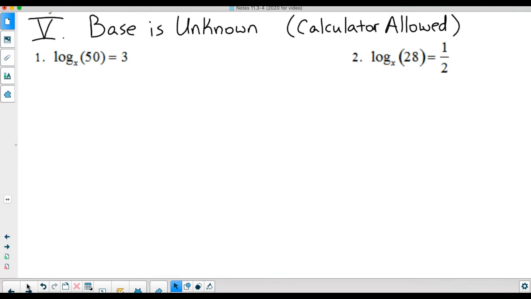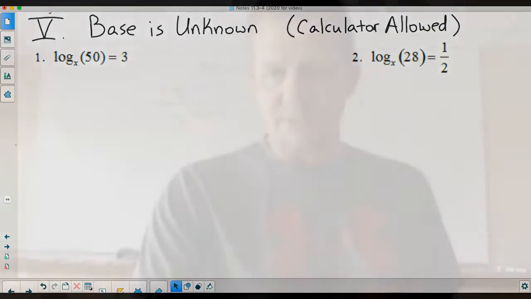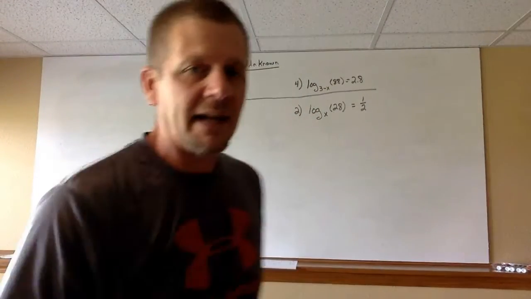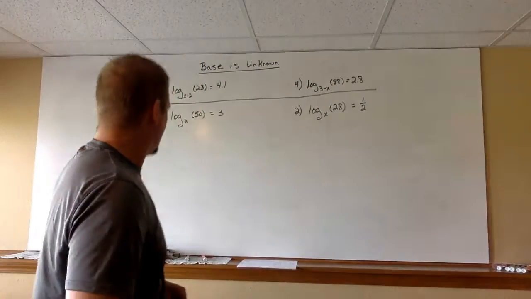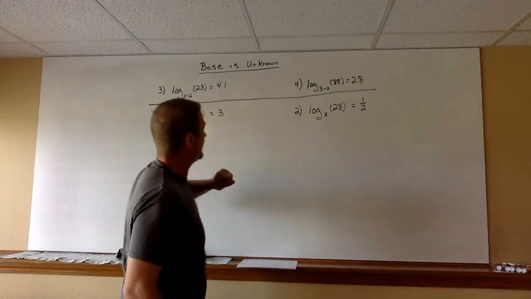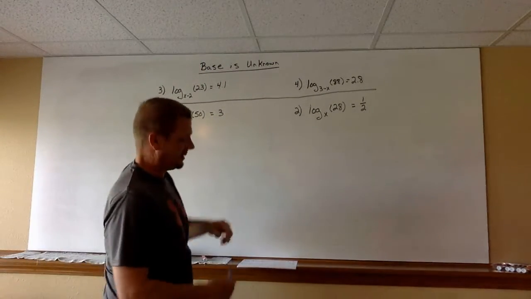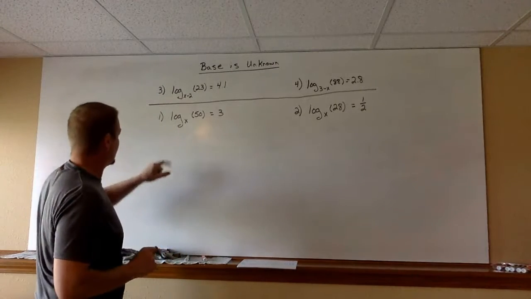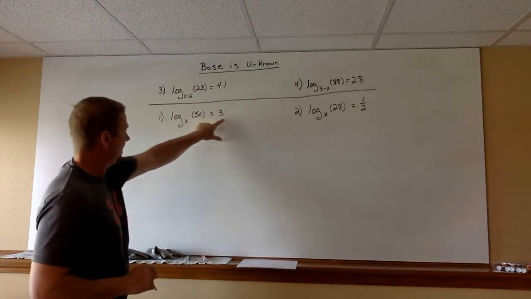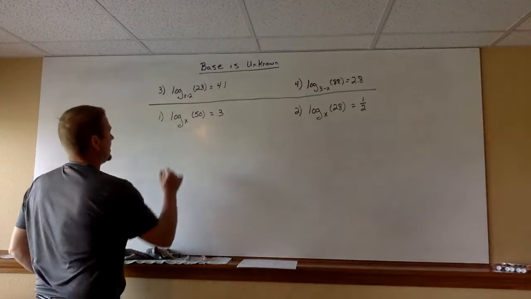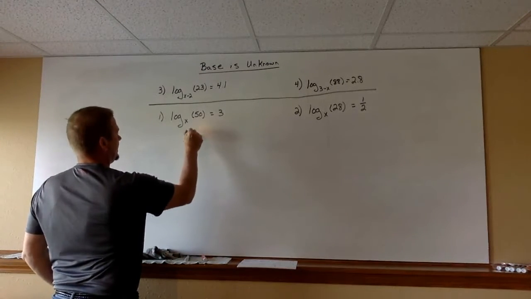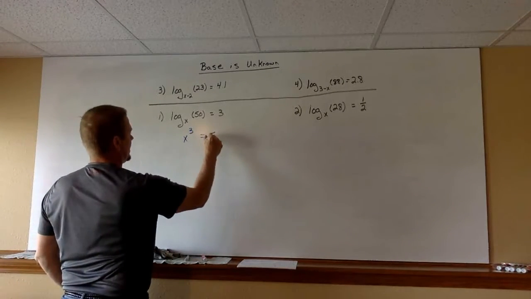What we're going to do here is run through a couple examples. I'm going to switch over to my webcam. I'm not going to do all these examples. Notice I have 3 and 4 on top, because I'm going to do 1 and 2 first. Looking at log base x of 50 equals 3, I have a variable in my log, so I'm going to take the base to the exponent equals the argument.